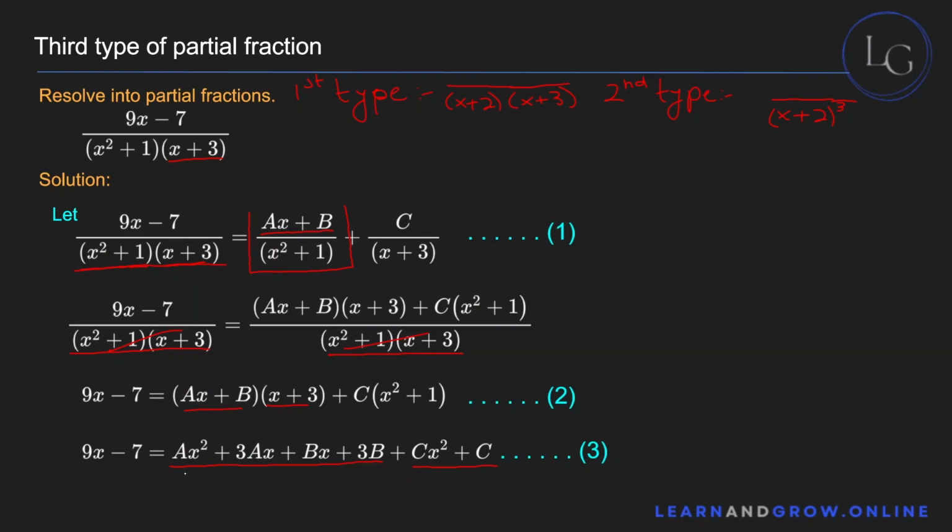Basically, when you write down this whole expression, you get a plus c into x squared, plus 3a plus b into x, plus 3b plus c. So the coefficient of x squared is a plus c.